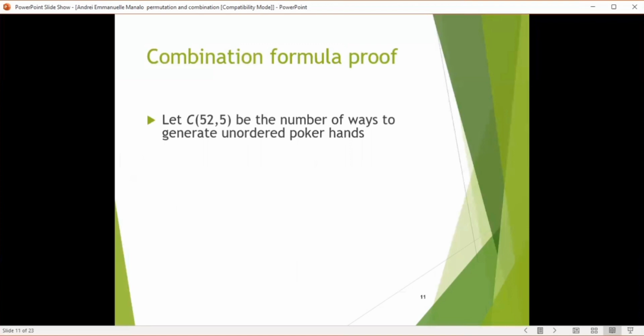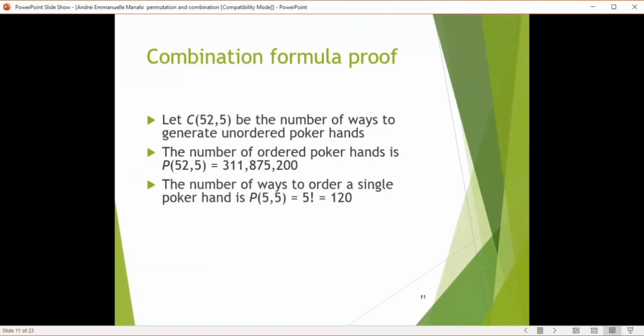Combination formula proof. Let C(52, 5) be the number of ways to generate unordered poker hands. The number of ordered poker hands is P(52, 5), which equals 311,875,200.